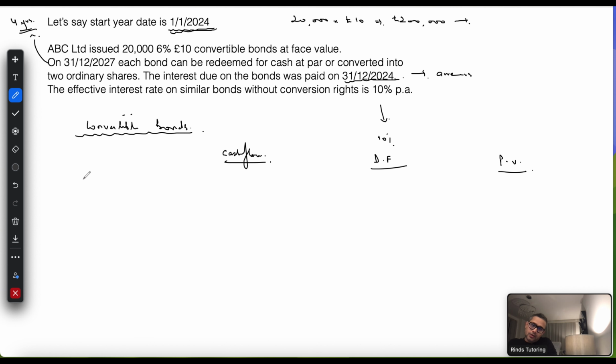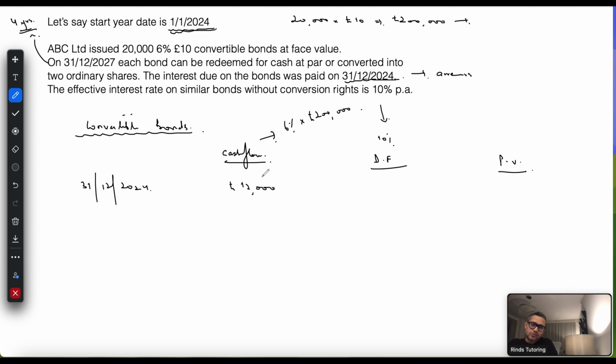So on 31st of the 12th, 2024, after 1 year since you issued the bond, your cash flow is going to be 6% on that 200k, which is your 12,000.